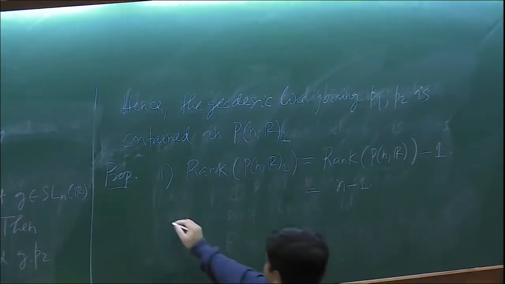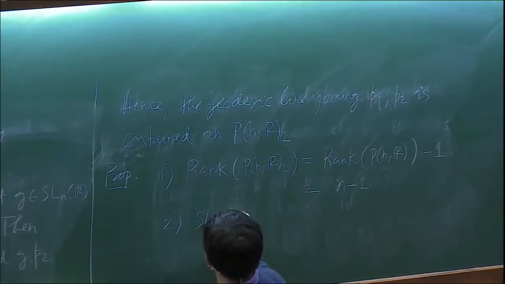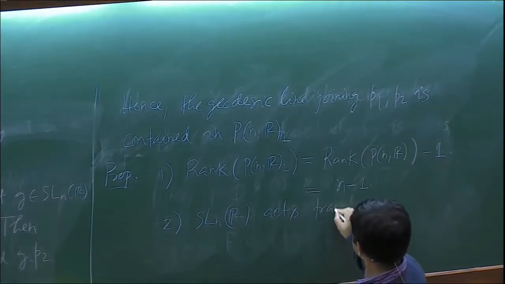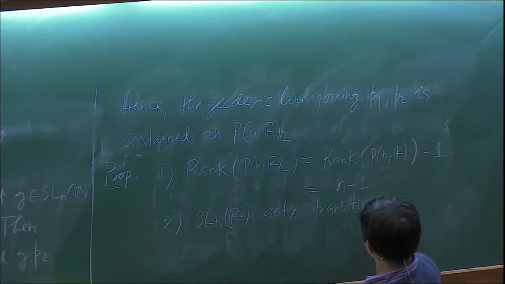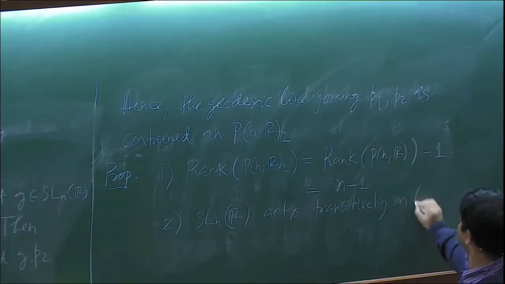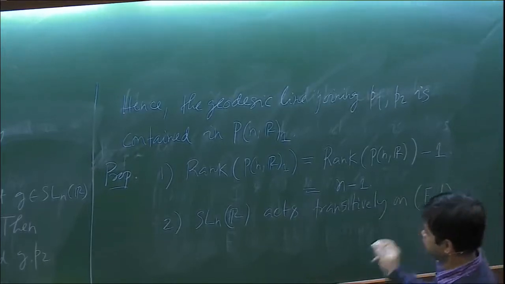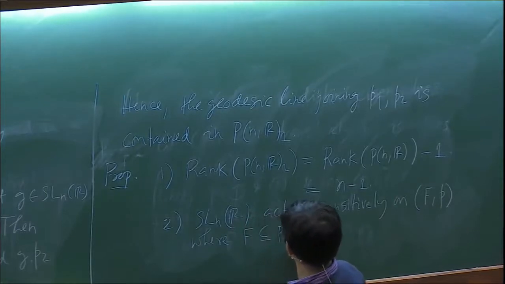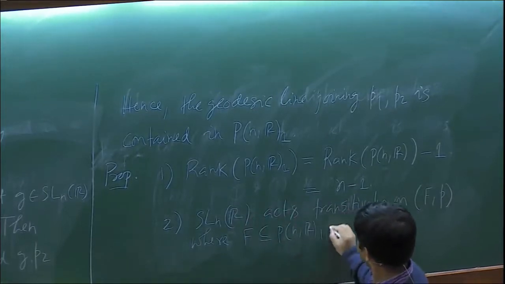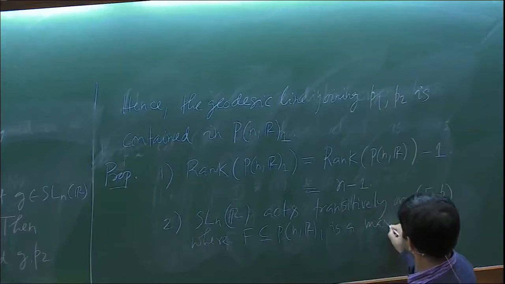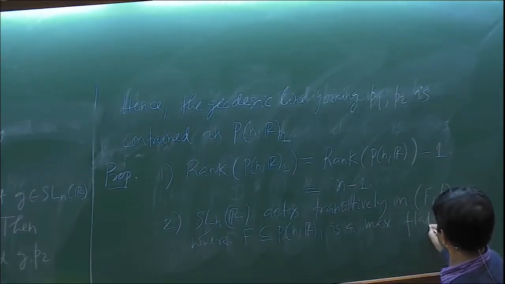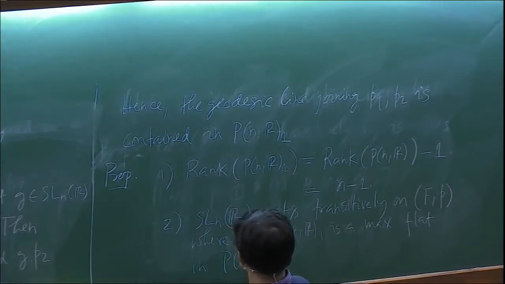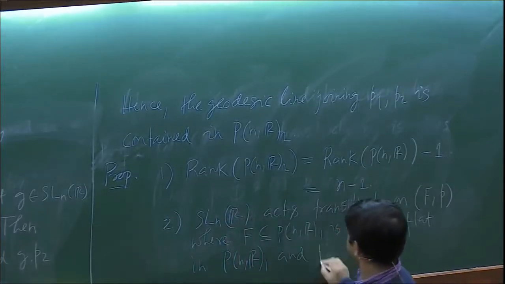And again SLnR acts transitively on the pairs (F, P), where F is a maximal flat inside PnR1 and P is a point inside this flat.